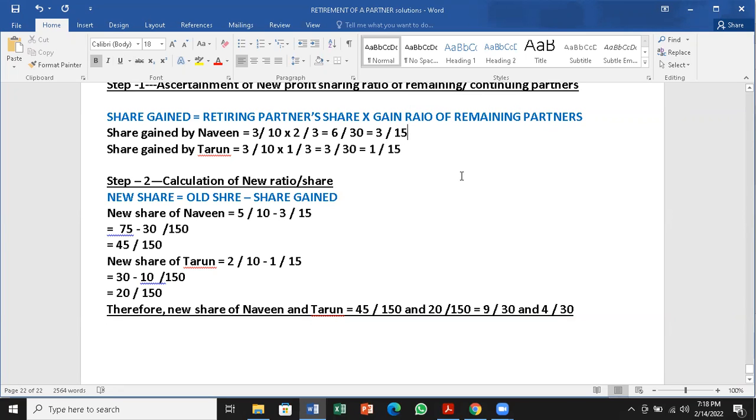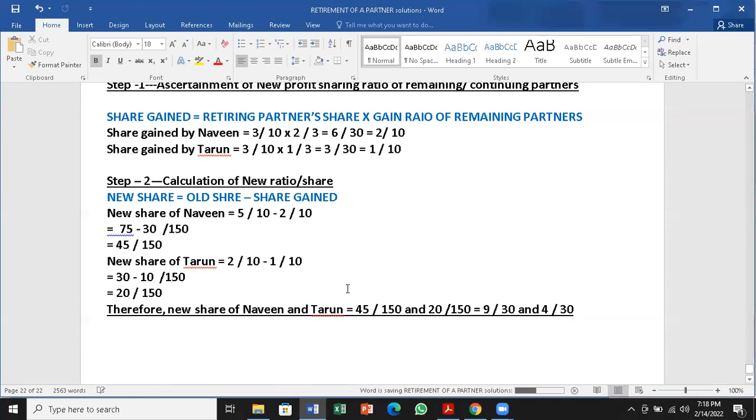Then we can go for divided by 3: 2 by 10 and 1 by 10. Two by 10 and 1 by 10.